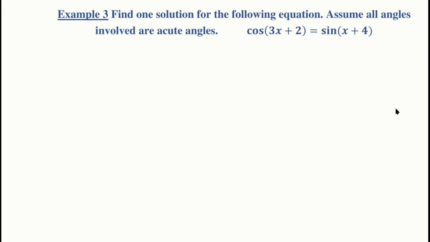So now we know that the cosine of an angle is the same as the sine of 90 degrees minus that angle, right? So this means that given that cosine of 3x plus 2 is the same as sine of x plus 4, that means 3x plus 2 must be the same as 90 minus that, correct?